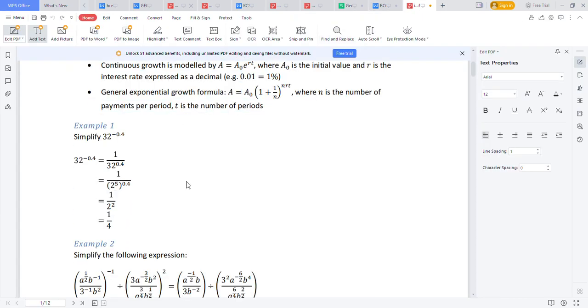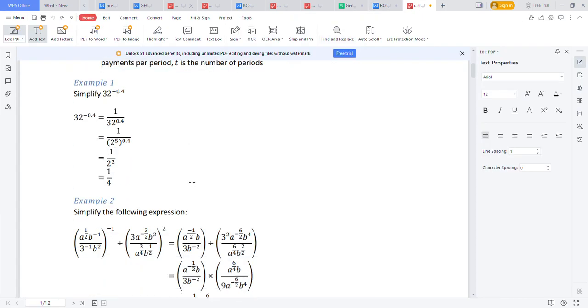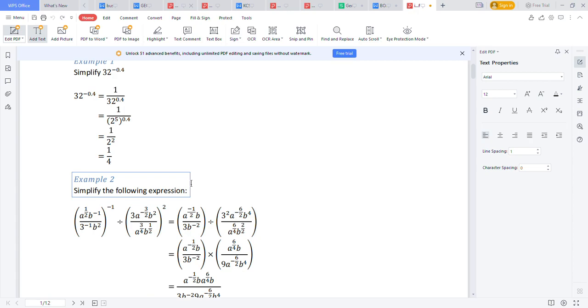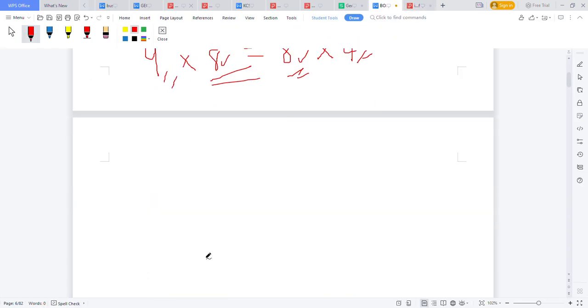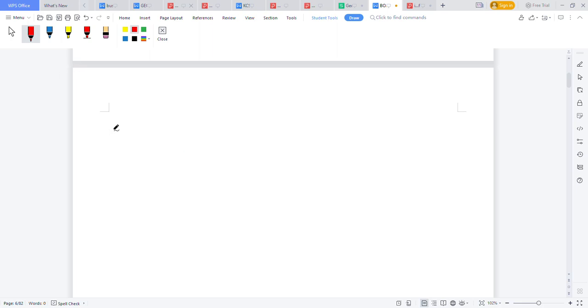So let's move to this question, example 1. Simplify 32 raised to negative 0.4. How are we going to solve that question? You have 32 raised to 0.4.